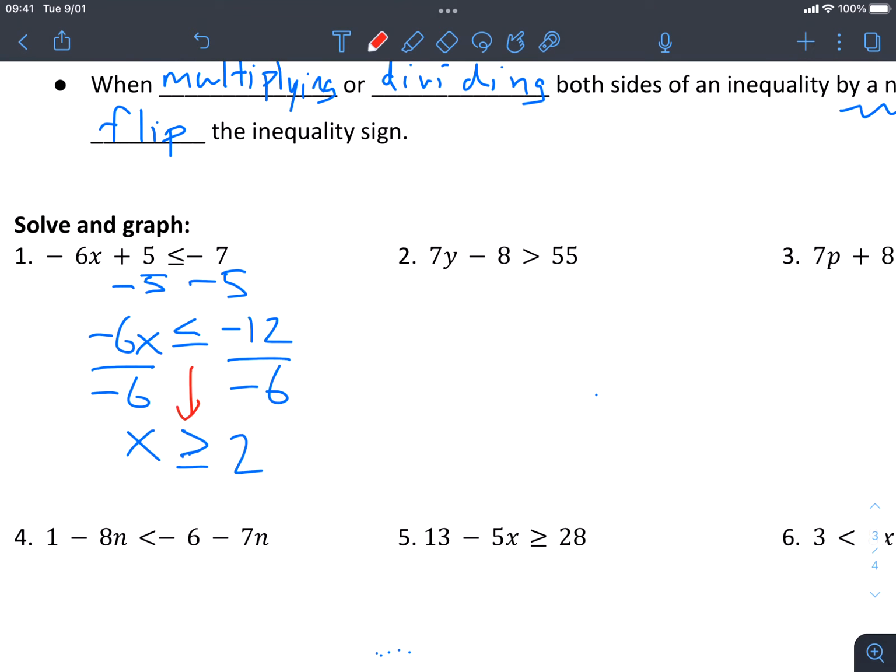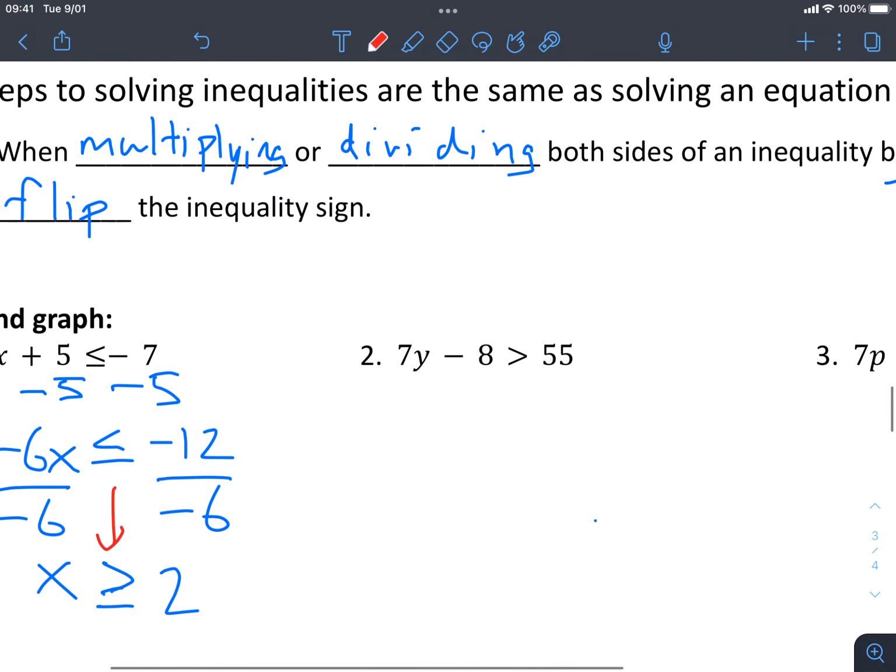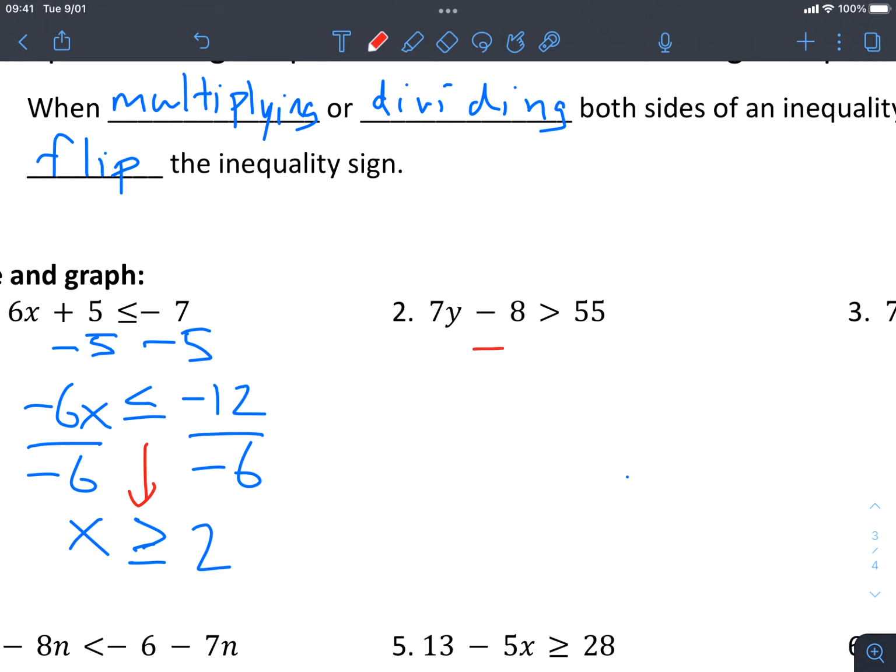Let's try again with another problem. So I would add 8 to both sides here since I'm subtracting. So now I have 7y is greater than 55 plus 8, which is 63. And again, my inequality symbol doesn't change.